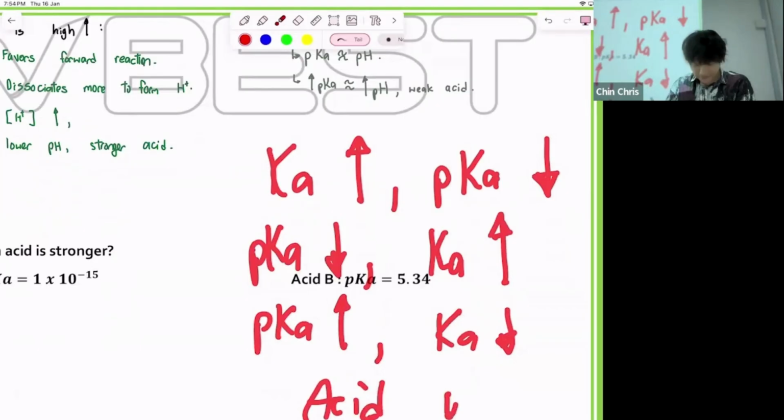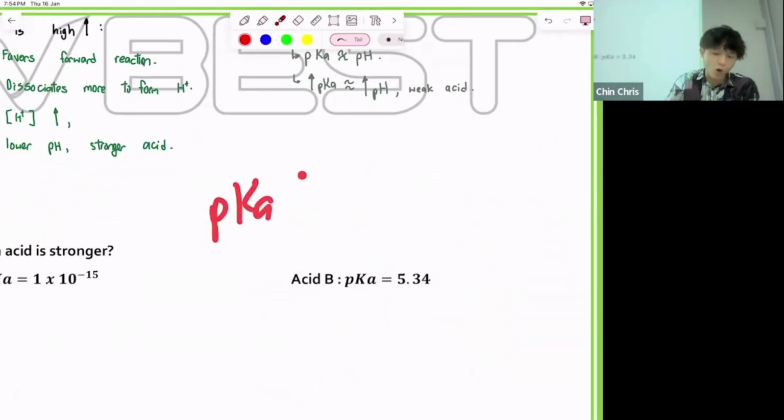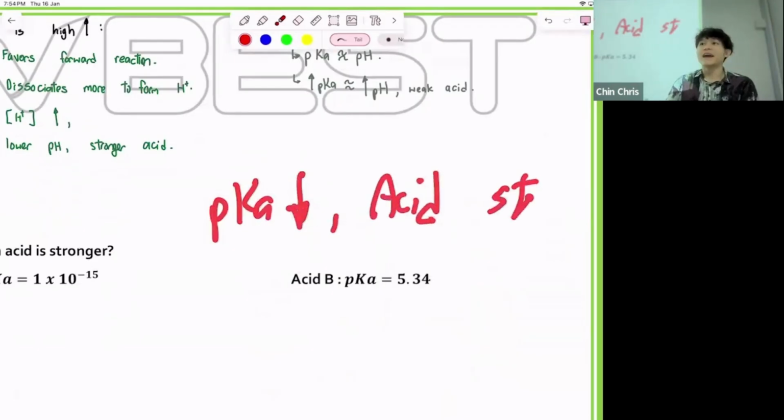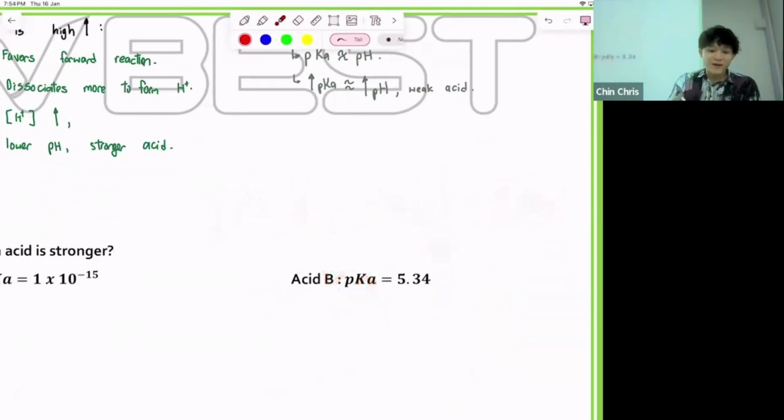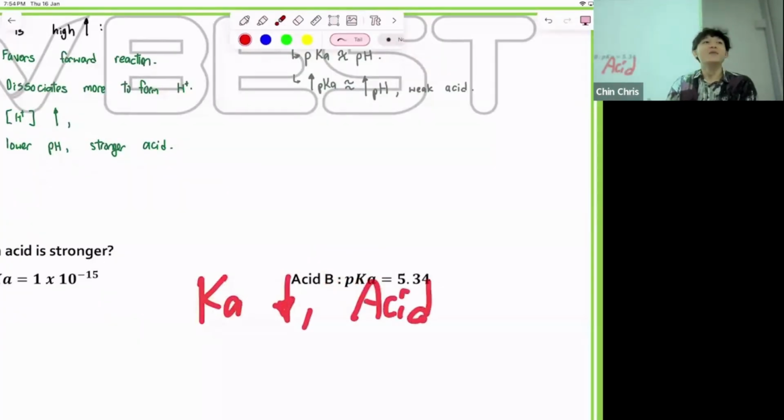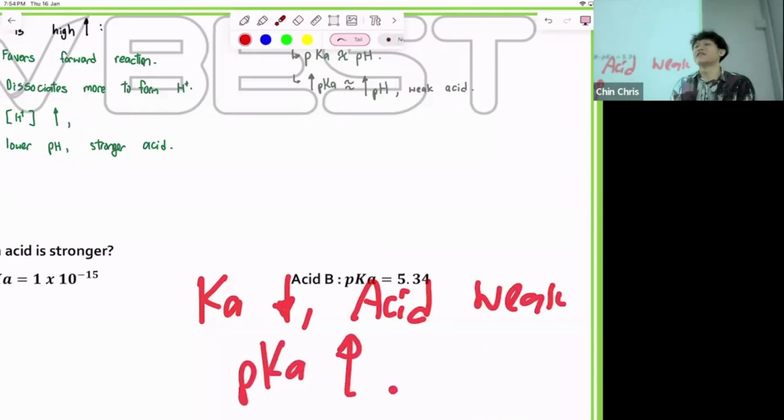Weak. Easy, right? One more time. If my pKa is low, the acid is strong, Ka is high. Please one more time. When my Ka is low, the acid is weak, pKa is high. Thank you very much.